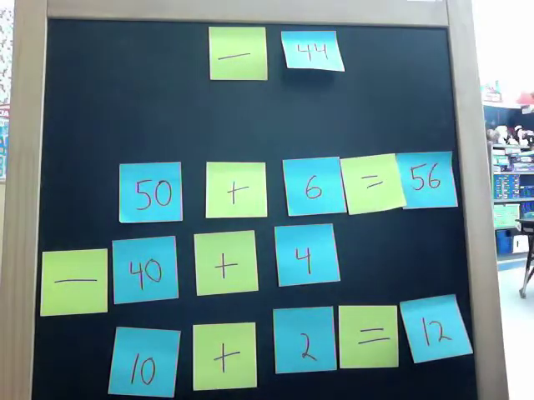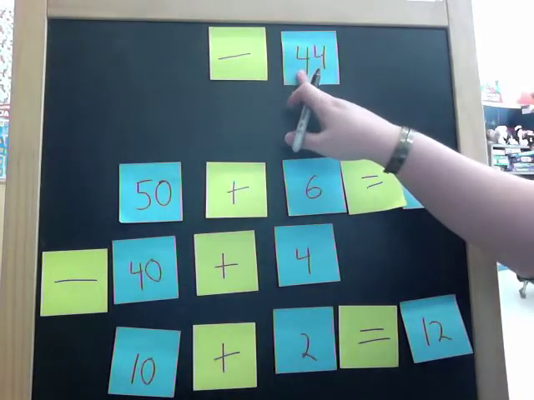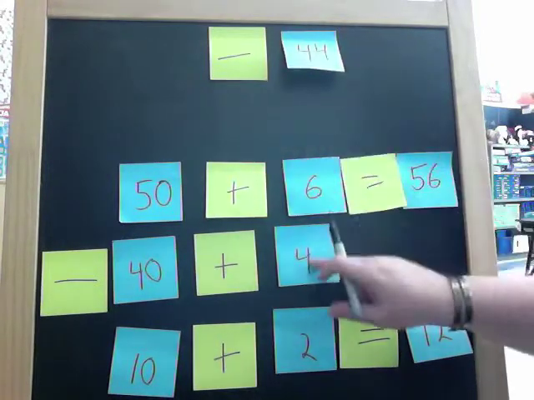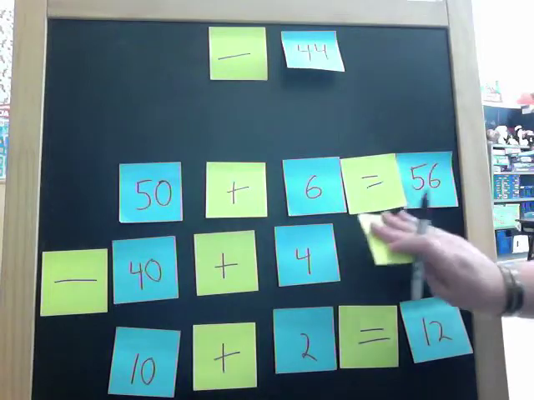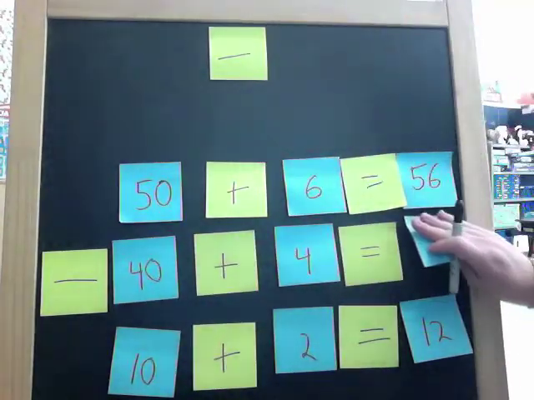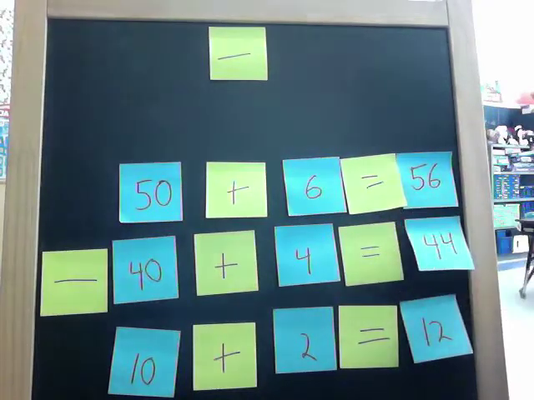Then we took our 44 and did the same thing. We got a 4 in the tens column. That means we had 40. We have a 4 in the ones column. That means we have 4. So if we added 40 plus 4 together, it would still equal 44.